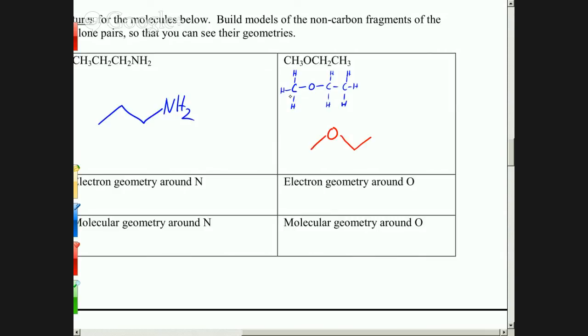So if we count out those carbons, we've got 1, 2, and 3. So it's connected in the same way that the Lewis structure is. There's nothing fancy. There's no magical floating O's. It's right in there. All we've done is get rid of the carbons and hydrogens, and we've shown that they're there by this zigzag type shape.